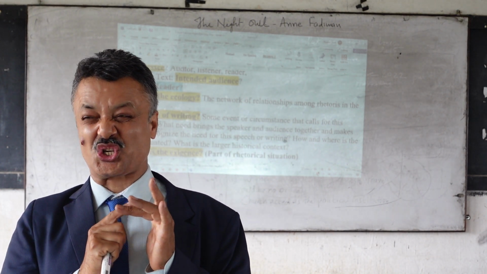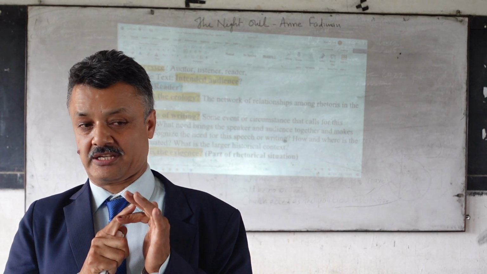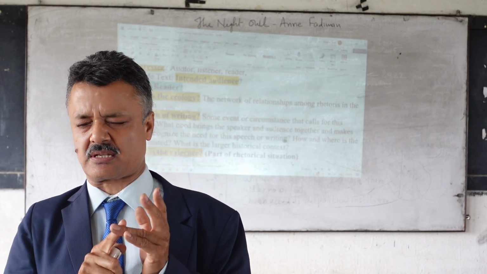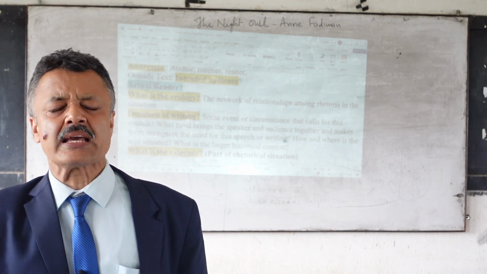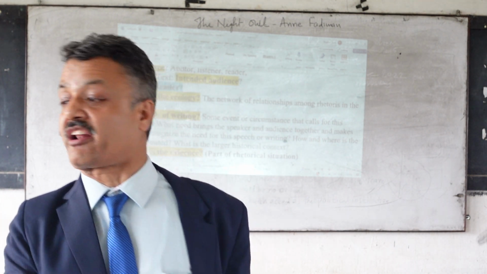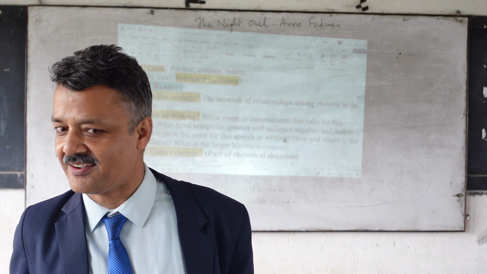She refers to historians. She refers to scientists. She refers to journalists. She refers to doctors, engineers, and everything. Why is Fadiman bringing so many scholarly people? Why? To make it trustworthy.